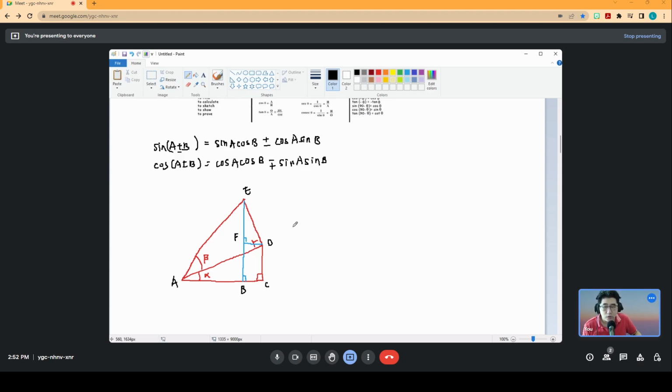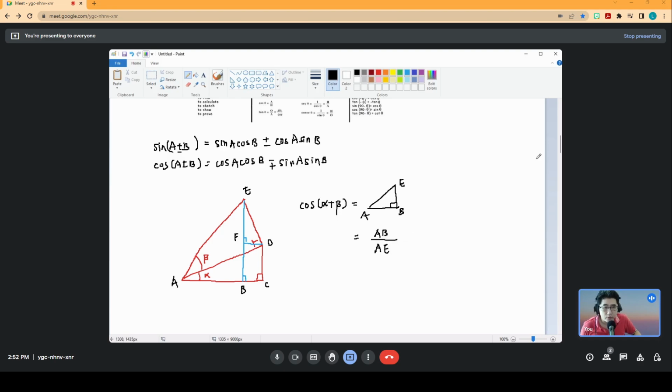So how do I actually prove this formula? I start with cos of alpha plus beta. From the triangle ABE, we can see that cos of alpha plus beta is represented by AB over AE.